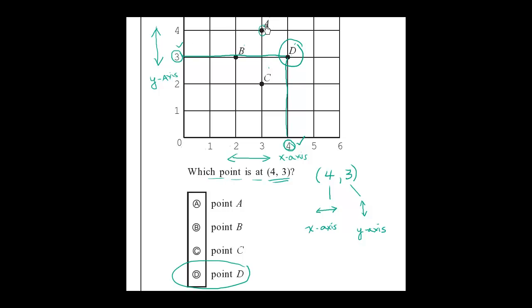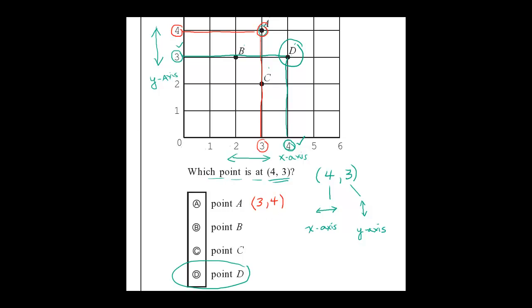If we follow this down, the point A number is 3. So if we write it out the same way, the first number for point A is going to be 3. And the second number is going to be on the up and down. So I draw this across to see. This is number 4 on the up and down, the y-axis. 3, 4.